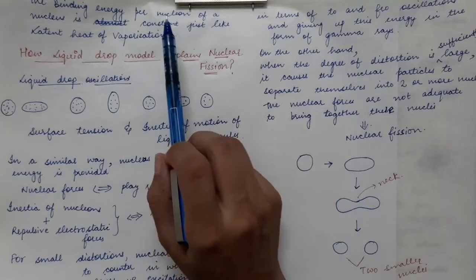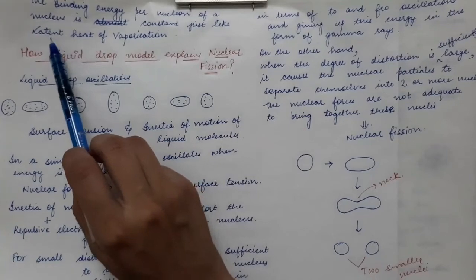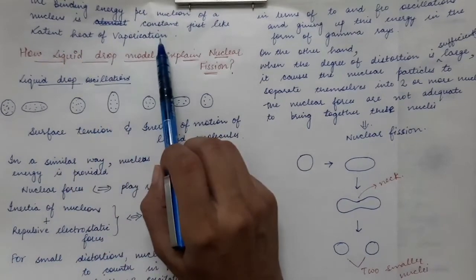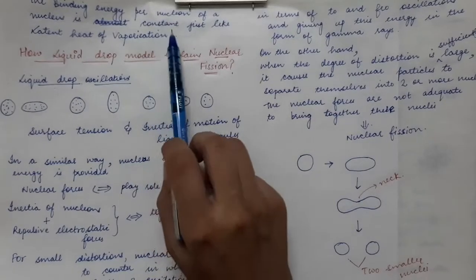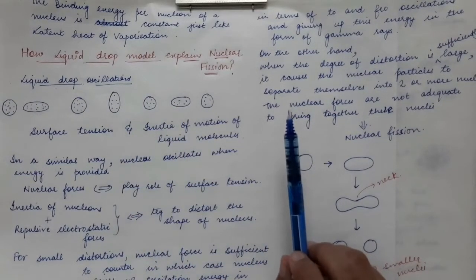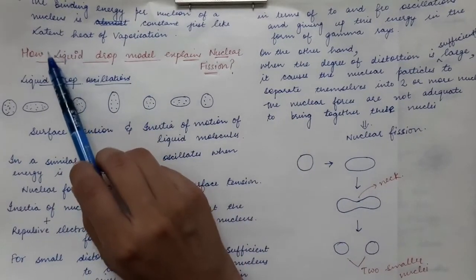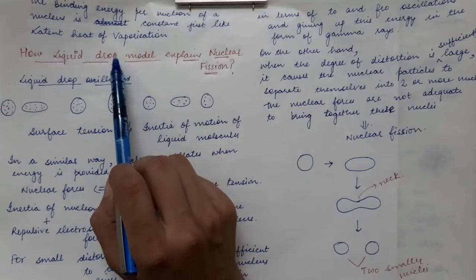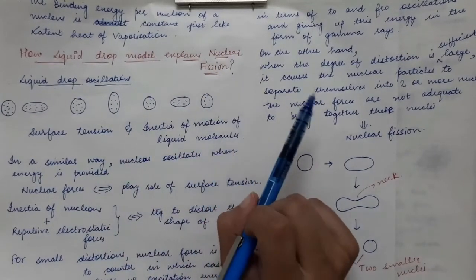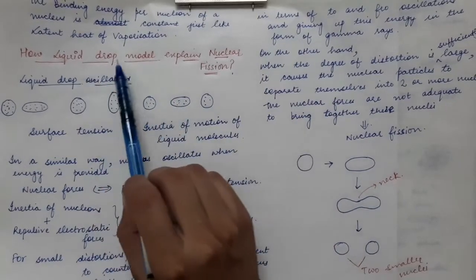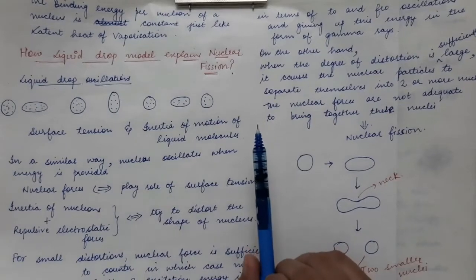That remains constant, similar to the latent heat of vaporization, which is constant for a particular liquid. So this is the last analogy between a liquid drop and a nucleus. Now the main success of the liquid drop model was that it was able to explain nuclear fission and the binding energy. How the model explains the binding energy curve, we will discuss in the upcoming lectures.